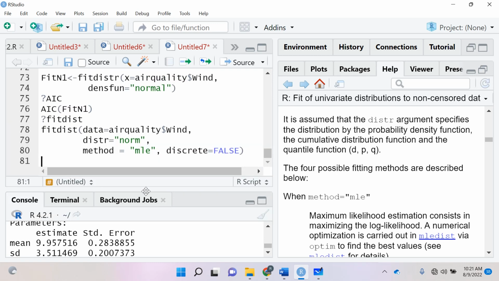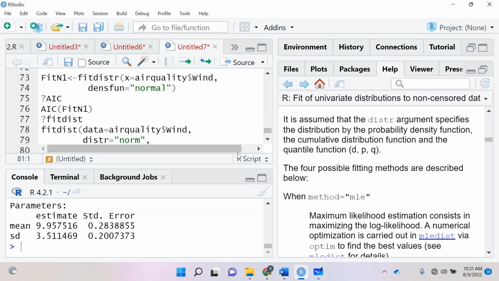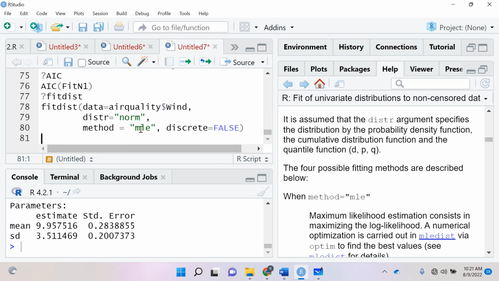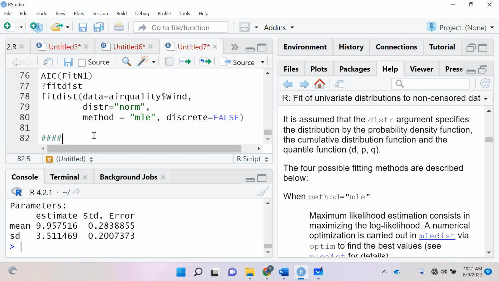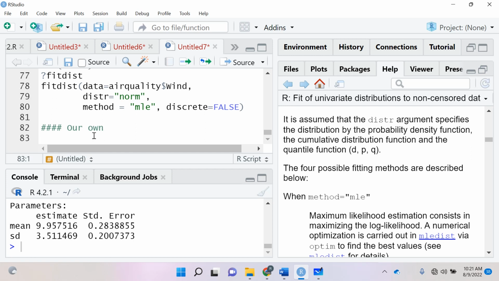But now what we are left with is to do our own. So our own will be that we need a log likelihood and then we'll optimize it, right? Remember that you can put the log likelihood and the optimization in one function so that you just take your data, pass it through, and do it.